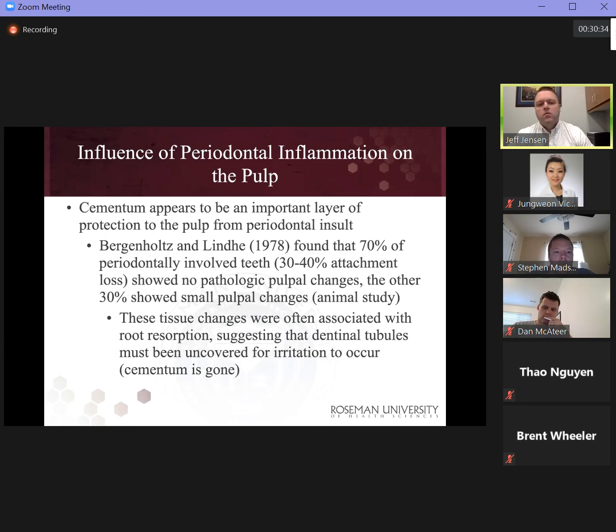So the cementum of the tooth, we know that's the tissue found mostly on the root. Cementum actually appears to be an important protection for the pulp from the periodontium.